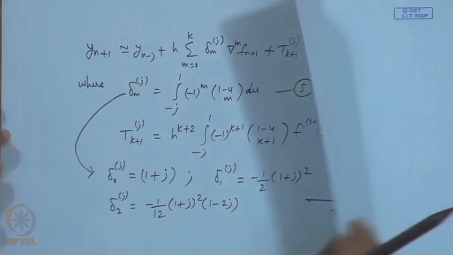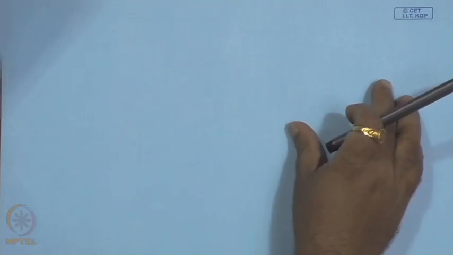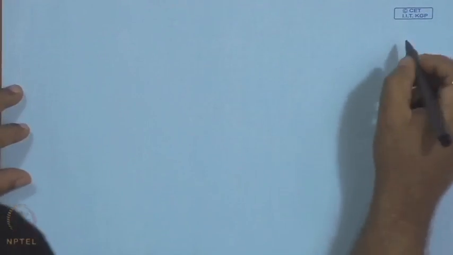Now, let us take a simple case, j is 0, that is again with one interval.